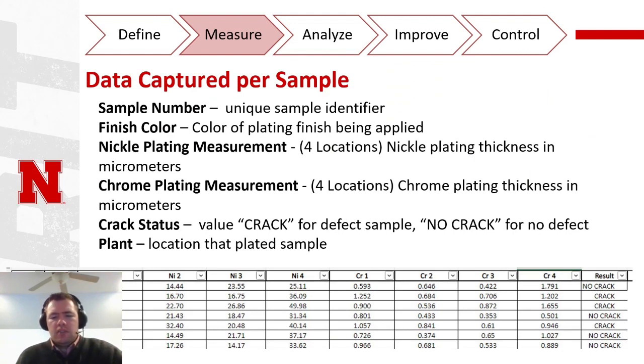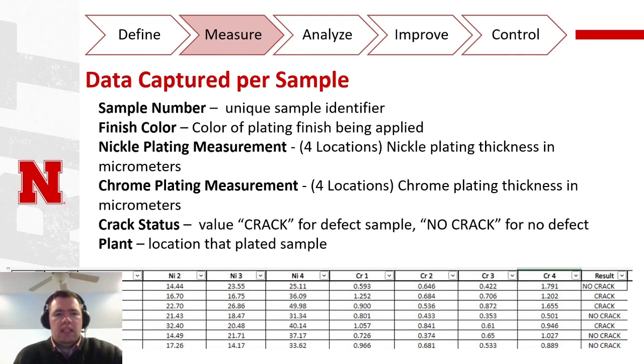The data that was collected to identify this problem were these items here. The first was a sample number, so each sample would be given a unique identifier. Second, a finish color, whether the plating was intended for a rose gold finish or a silver or other available SKU.